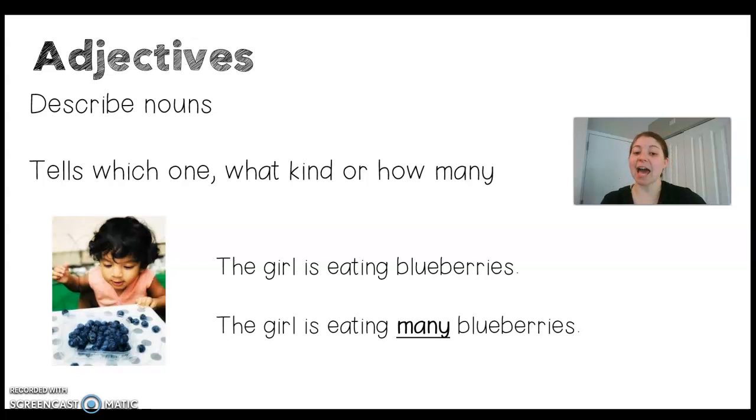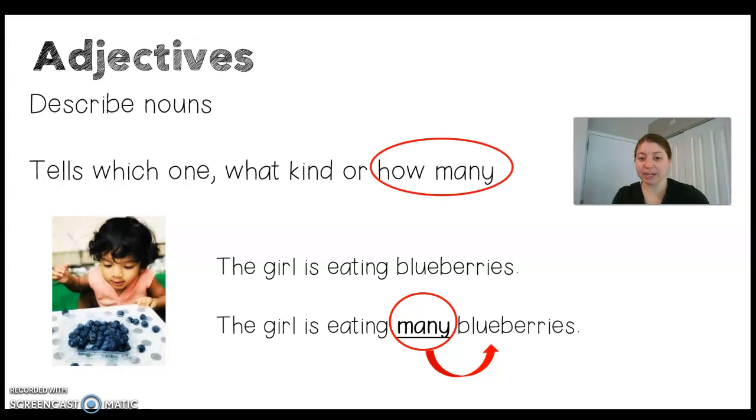What do you think the adjective in the sentence is? Many is the adjective in the sentence. It's describing the noun blueberries. She's not just eating one blueberry, she's eating many blueberries. It tells us how many.